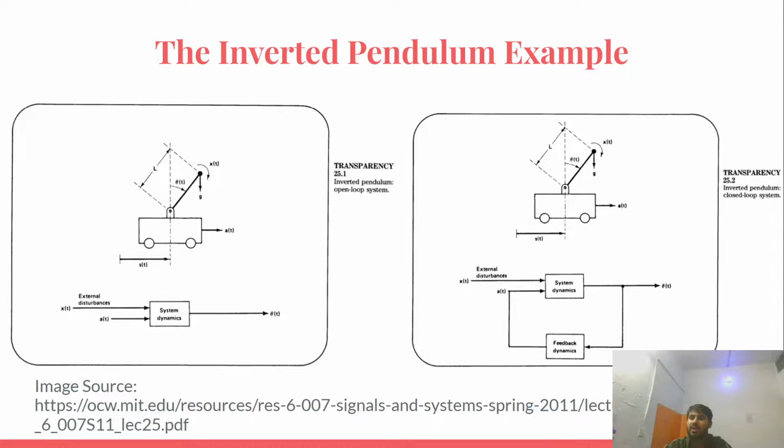And then on the pendulum is the force of gravity, as is marked on the diagram, and the set of external disturbances that might represent air currents or whatsoever that will attempt to destabilize our system, that is, make the pendulum fall down. If we look at it in a straightforward way, we have the system dynamics and several inputs, one of which is the external disturbance, and the other input is the external acceleration that is applied.